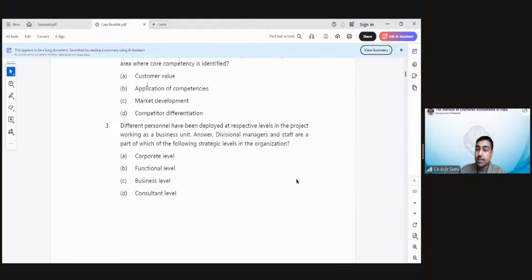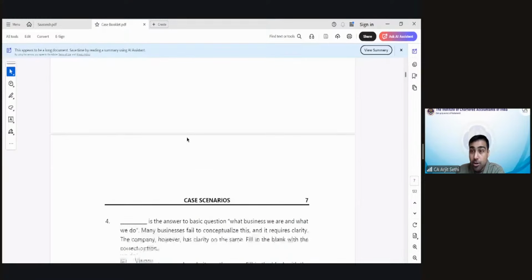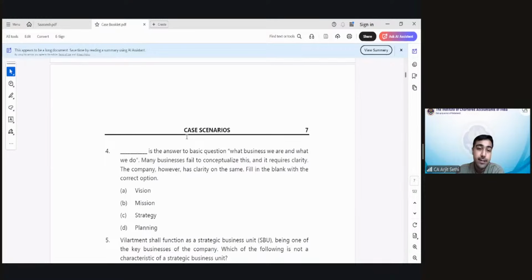These people who will be managing Kinglike separately, वो कौन से level पे बैठे होंगे? These people who will be working as a separate business unit, not the people on the board of the company. ये business level पे बैठे हैं. सुनो और आंसर करो. बिजनेस के हेड हैं, बिजनेस लेवल पे बैठे हैं. Remember or write down your answer somewhere. We'll see what is right.